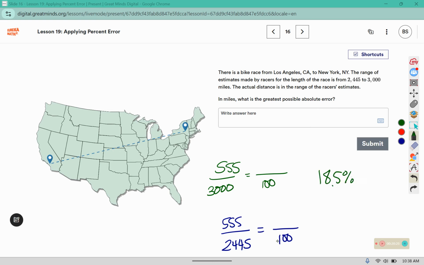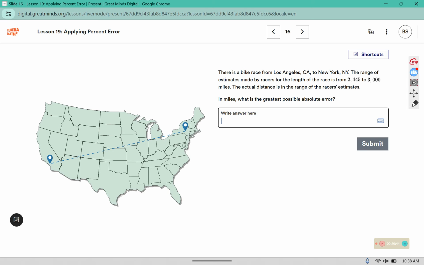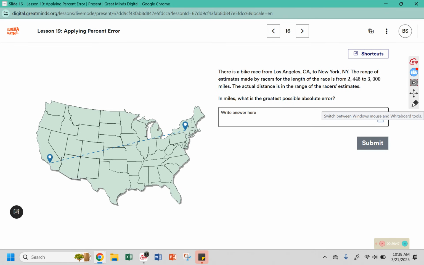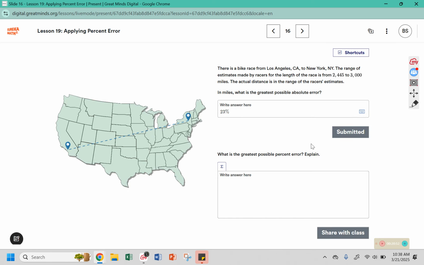But 555 times 100 divided by 2,445 comes out to approximately 23% if we round. So the greatest possible error is that 23%. It's greater than 18.5 or 0 if somebody guessed it exactly. Except I put that in the wrong box. 555, 23%. And then explain.